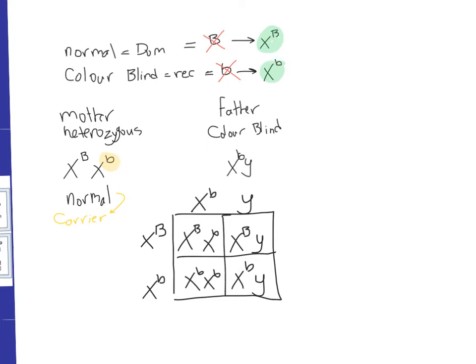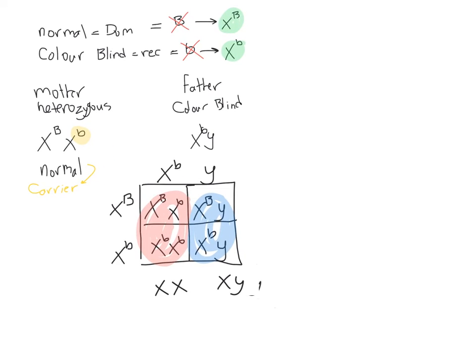One thing you should notice is that we have 50% girls and 50% boys. And you can tell because the girls have that XX chromosome and the guys have the XY. Sorry, female, male. Shouldn't say boys and girls. So that's the first thing you should notice.